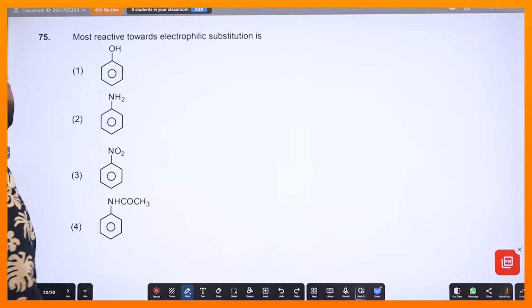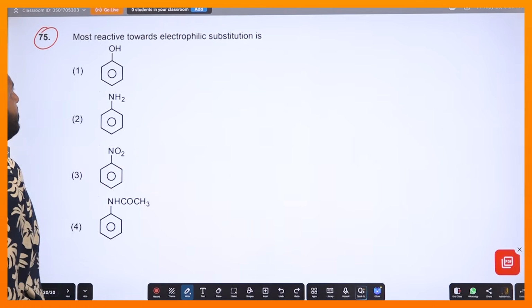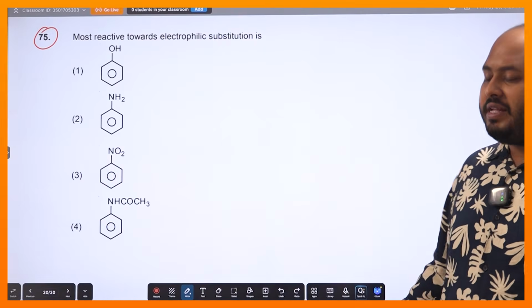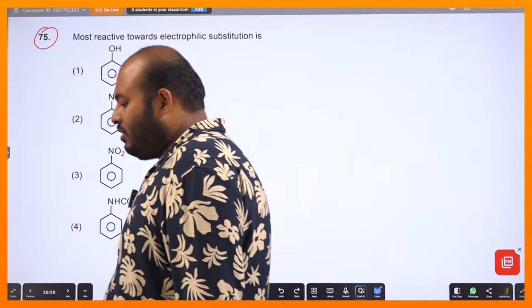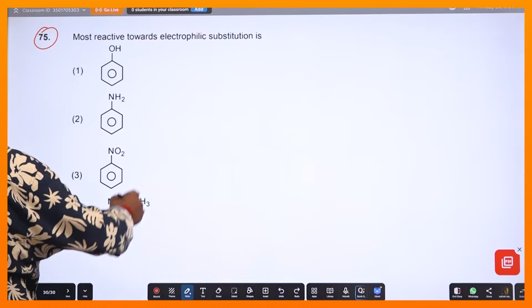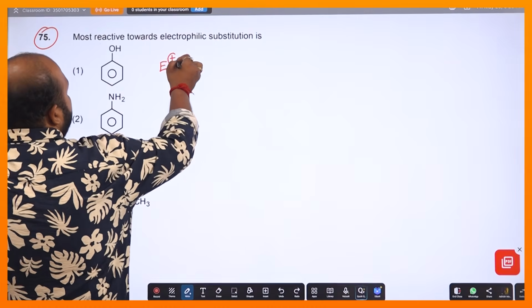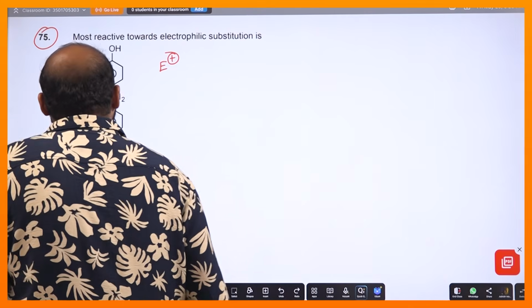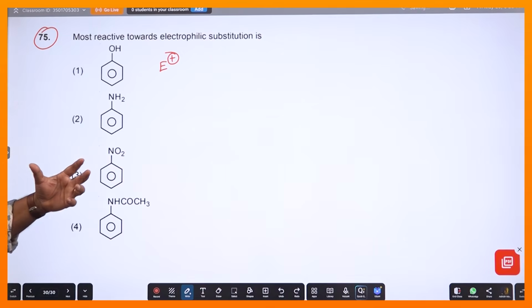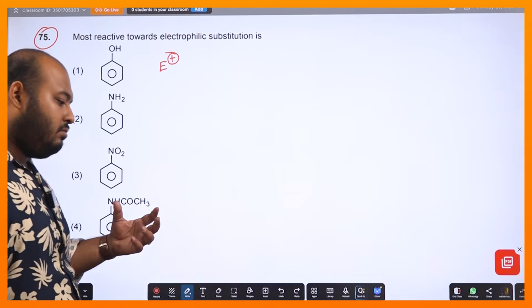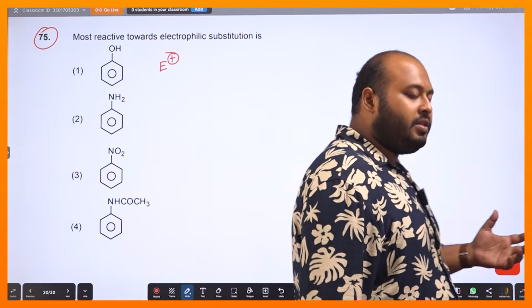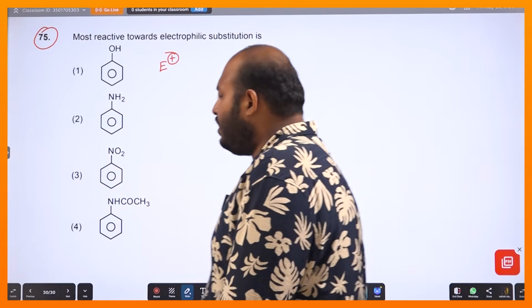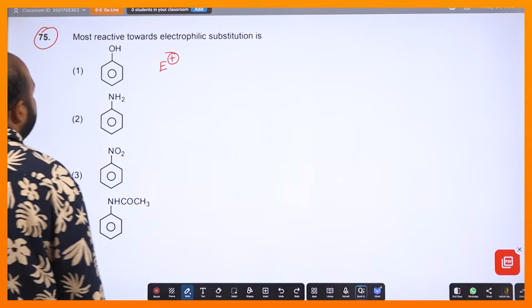Okay. So our next question is asking which is most reactive towards electrophilic substitution. Whenever the benzene ring is more activated, the electrophilic substitution is much faster. Whenever a group attached to the benzene ring is a more electron donating type group, it will increase the electron density and make the benzene ring more activated for electrophilic aromatic substitution.